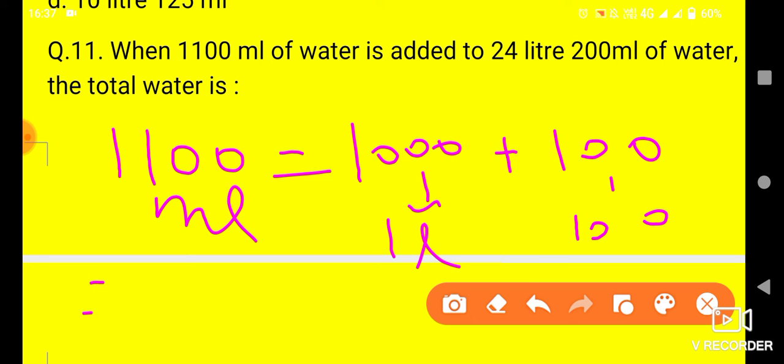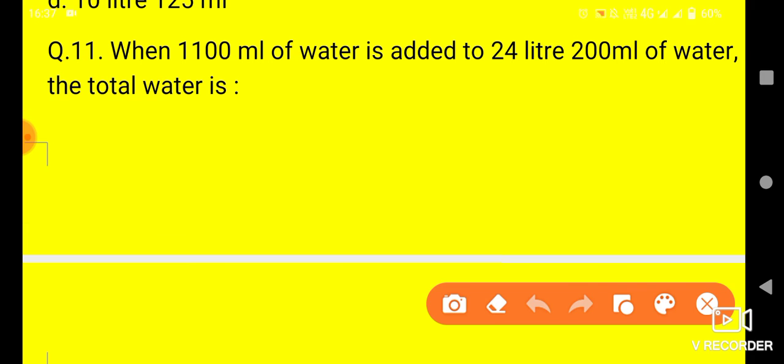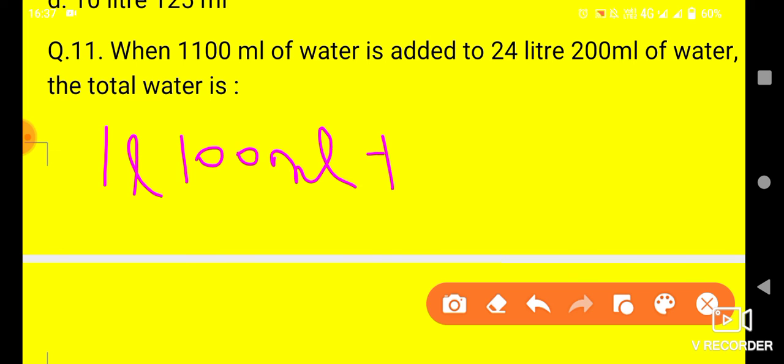It means 1100 ml is equal to 1 liter 100 ml. It means 1 liter 100 ml added to 24 liter 200 ml.